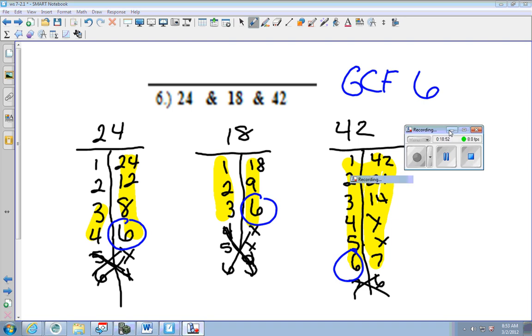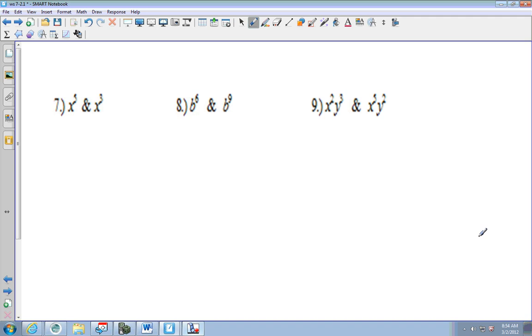Okay, now look at the next part. Now we're talking about variables. Look right here. This says x to the 5th and x to the 3rd. I need to find my GCF, my greatest common factor. First off, what does x to the 5th mean? It means 5 x's, right?